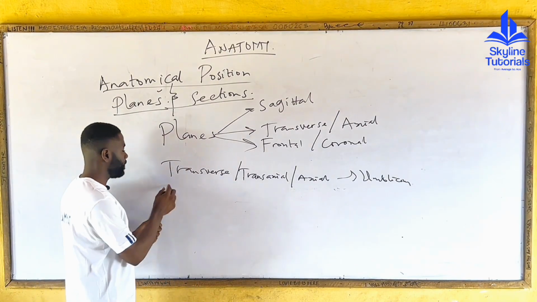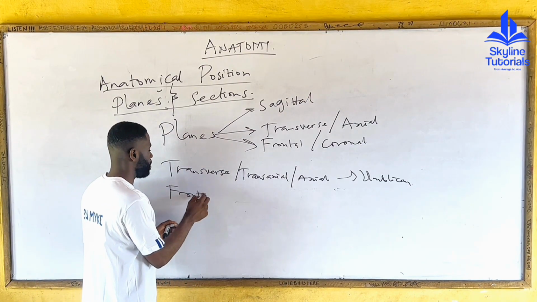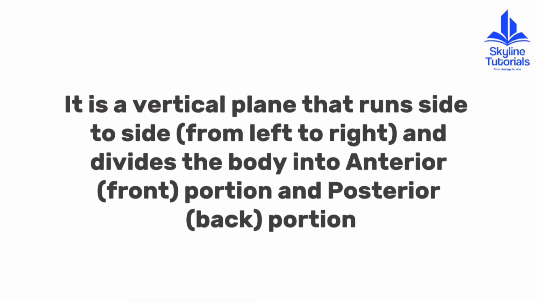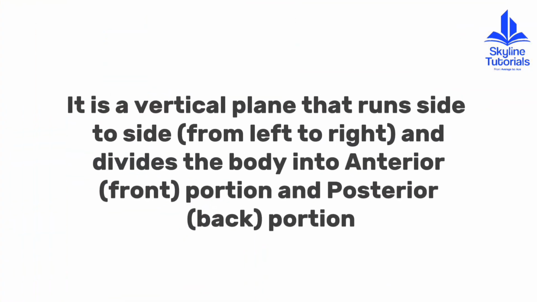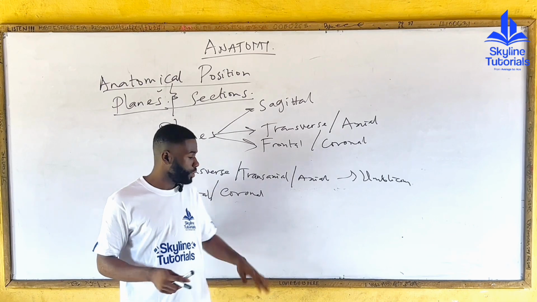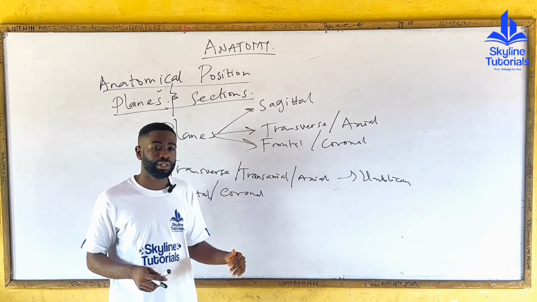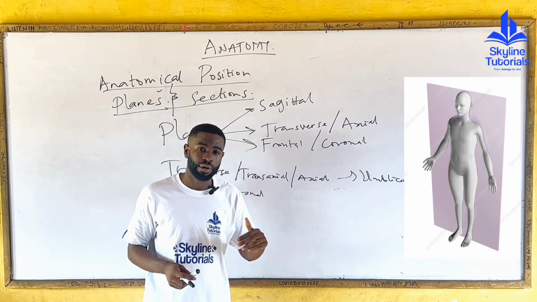The next we have is the frontal or coronal plane. The frontal and the coronal plane generally divides the body into anterior and posterior parts. The anterior, that's the front, and the posterior, which is the back. The frontal or coronal plane divides the body into anterior and posterior.